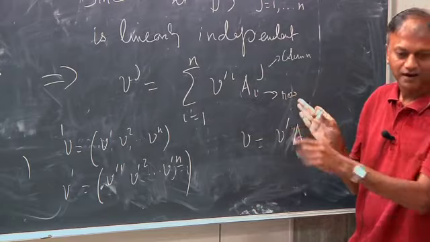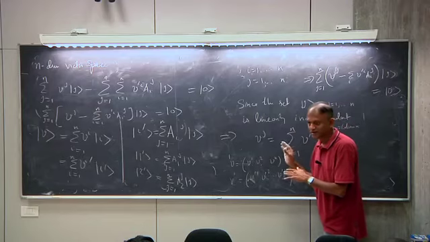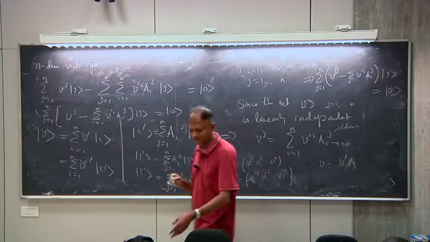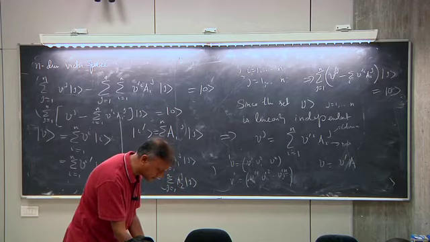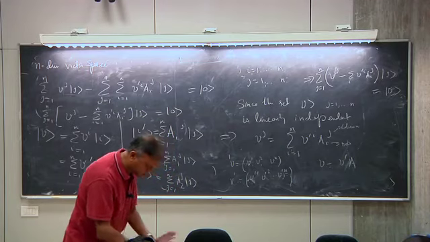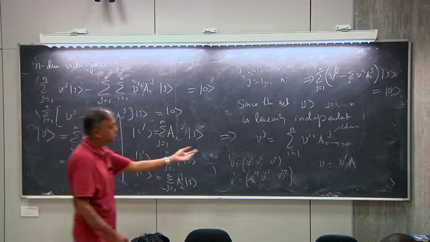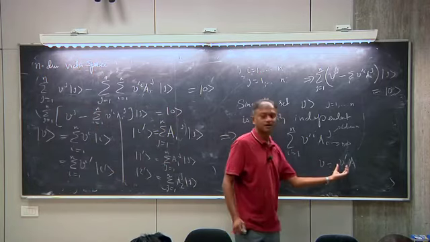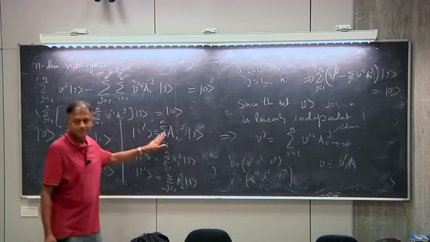Now I don't remember which convention the notes are following. We'll come to that. Anyway, it doesn't matter. It's a matter of convention, nothing more than that. The essential point here is that the two coefficients are related to each other by this matrix A.